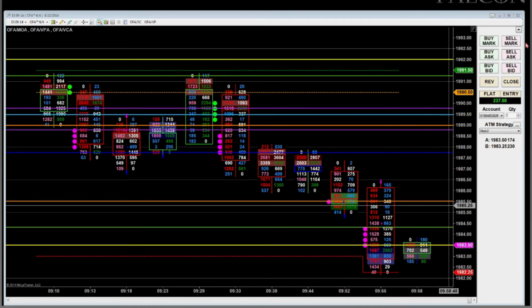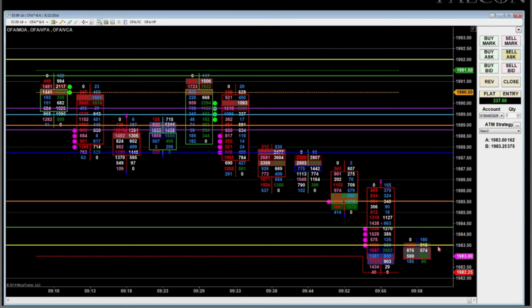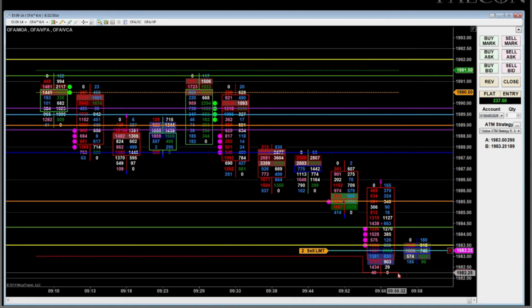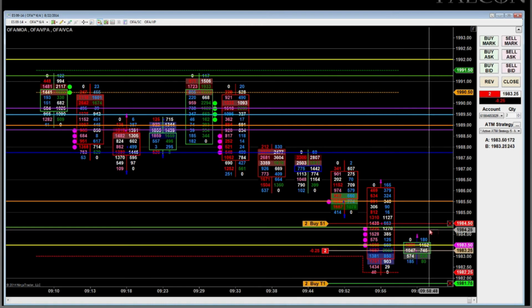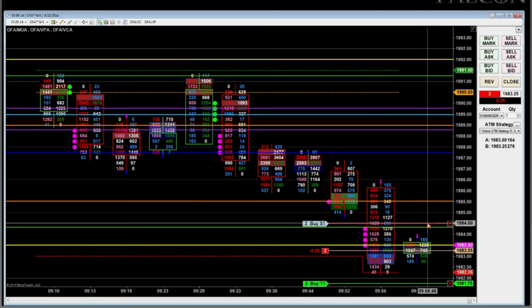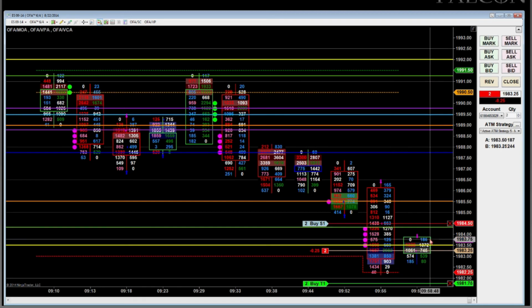So you can see weakness at the offer, strength at the bid. The only issue with this is we have to get past 82.25 in this trade. Have to. If we start getting more strength back up here, then this trade is going to be at risk.